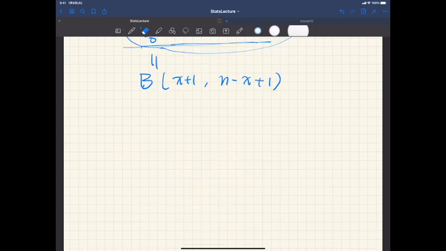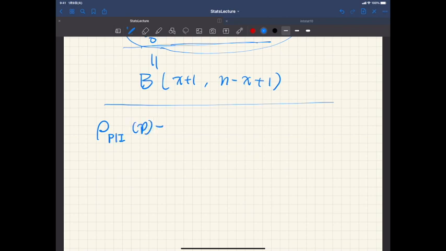You have seen that this beta function appears very naturally in this problem. So instead of the uniform prior distribution we have just used, we could use a more general beta distribution. For example, let's say our prior distribution, rho of p given I, prior knowledge, is a beta distribution.